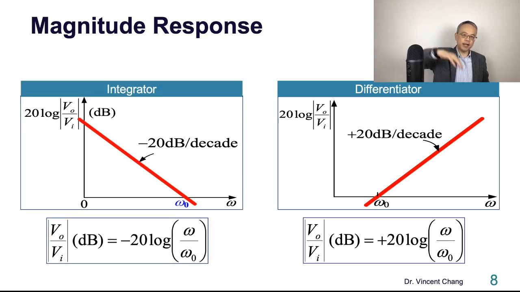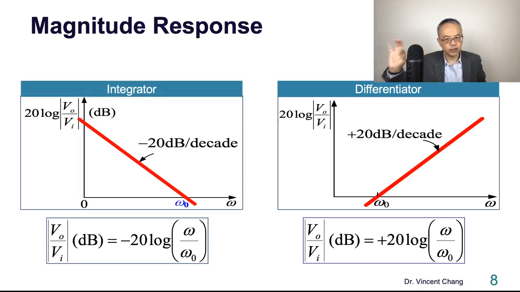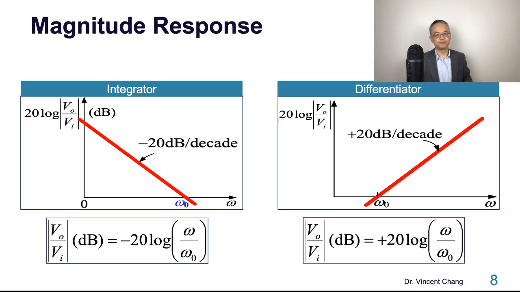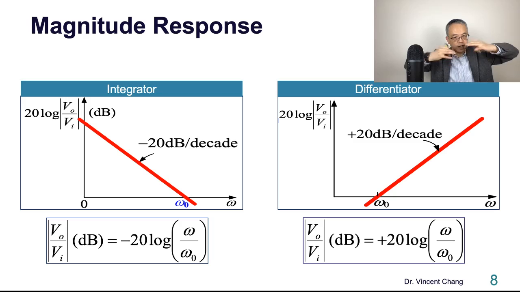So let me bring back the frequency response for the integrator. You see the contrast, right? The strong contrast between the two. In the original circuit, it's the interchange, the flip between R and C. In the transfer function, you see another flip.